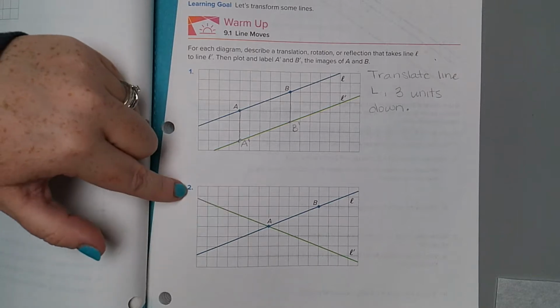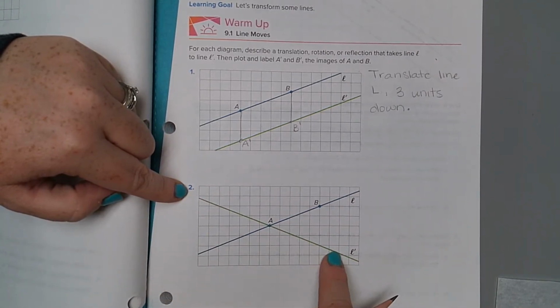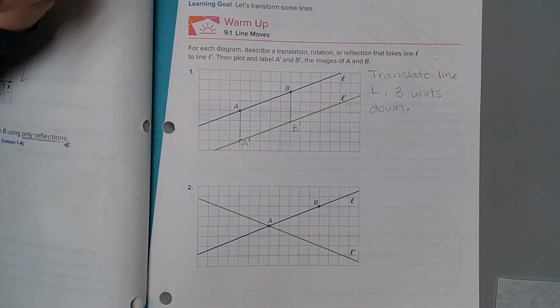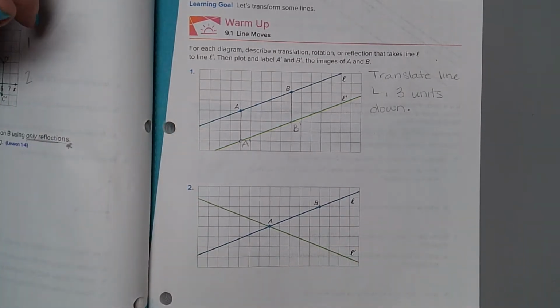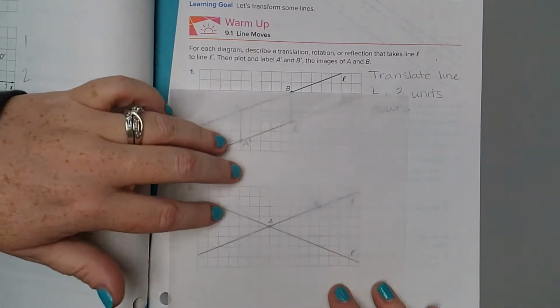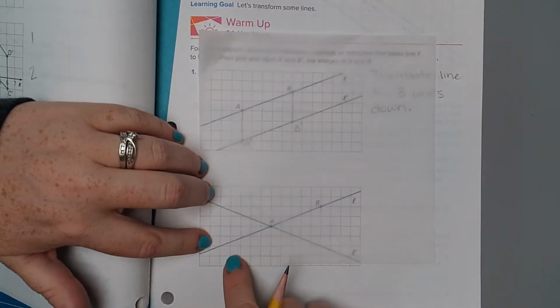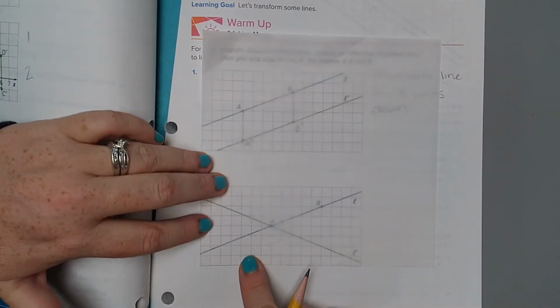Question 2, we have line L and we have line L prime. This one is going to be a rotation of some sort. So if we use our patty paper, and I'm going to put my corner in the corner of the grids.